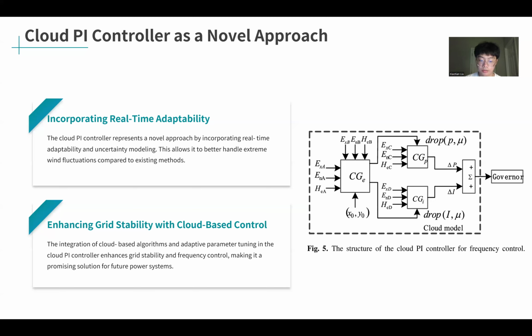In the summation, the outputs delta P and delta I are summed to form a composite control signal here. And the governor uses the composite signal to regulate the system, ensuring appropriate frequency control. This model likely implements a fuzzy or soft computing approach within the cloud architecture to approach proportional integral control.